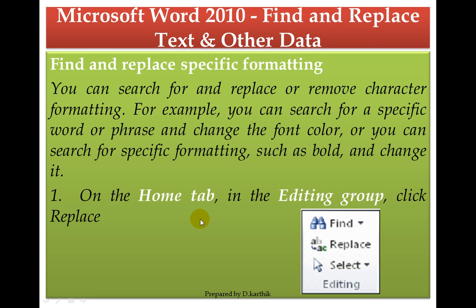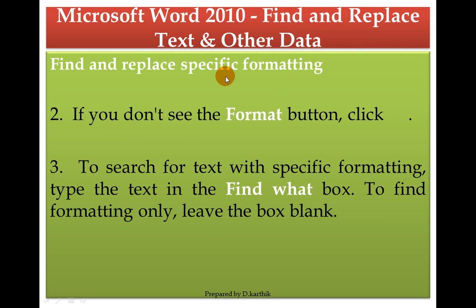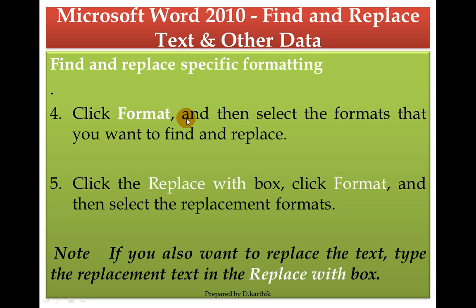Okay. So, find and replace a specific formatting. If you do not see the format button, click more to search for the text with specific formatting. Type the text in the find what box. To find the formatting only, leave the box blank. Click format and then select the format that you want to find and replace. Click the replace with box, format, and select the replacement format.